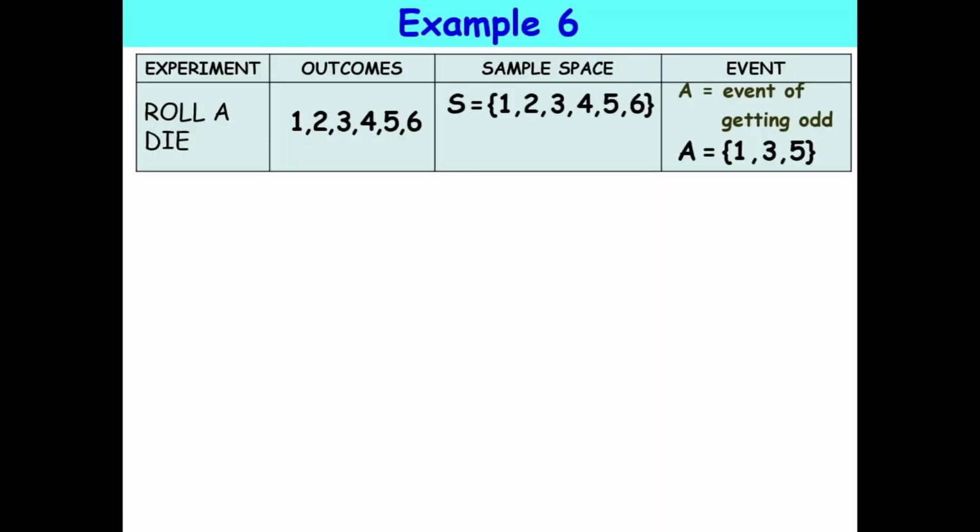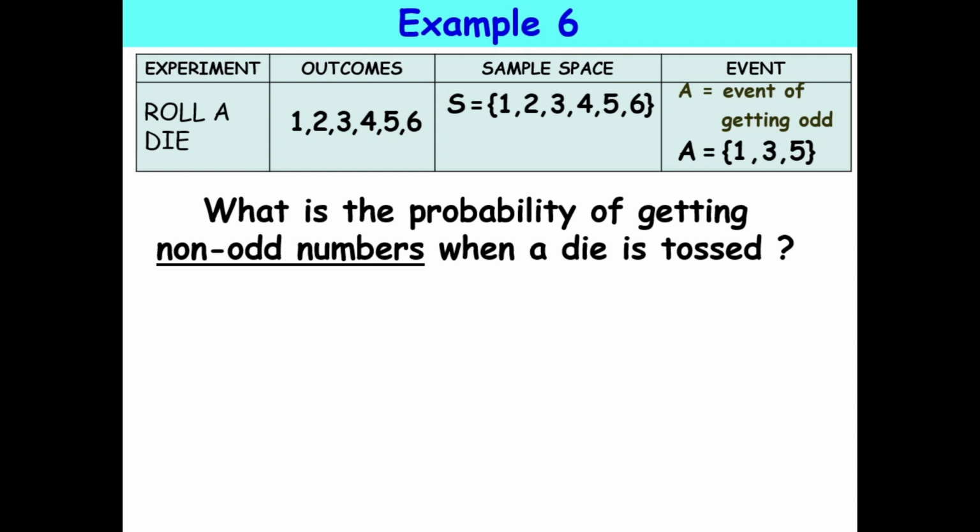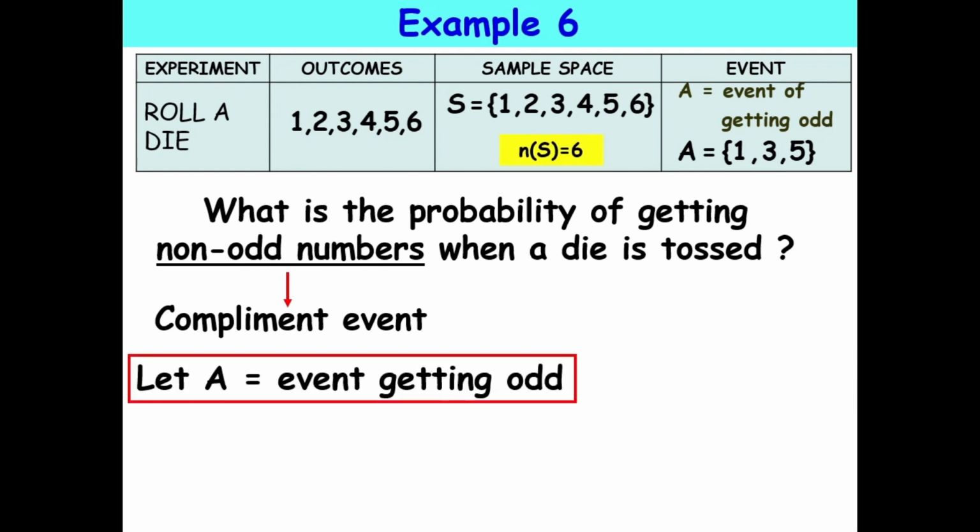Example 6. What is the probability of getting a non-odd number when a die is tossed? In the previous slide, we found that the number of outcomes of getting an odd number is 3. Now we look at the event of getting a non-odd number, meaning that this time we are looking for the complement event. With a sample space of 6, let A be the event of getting an odd number.